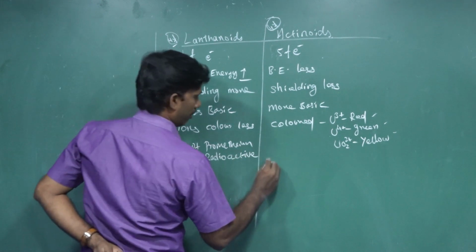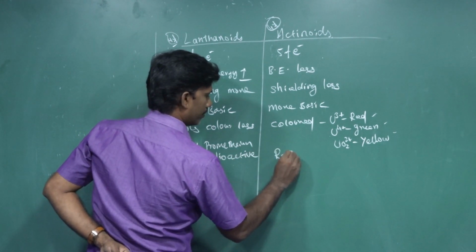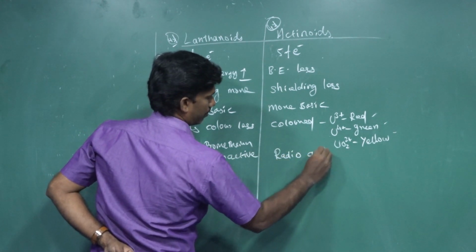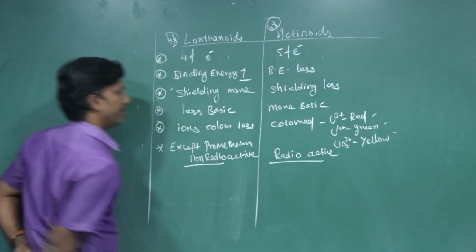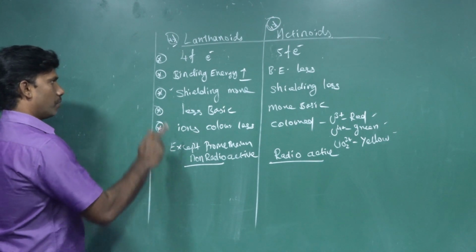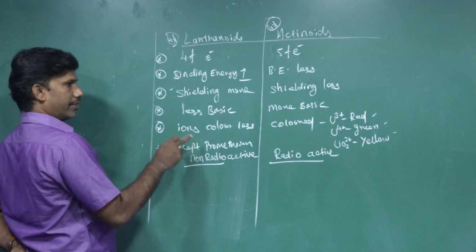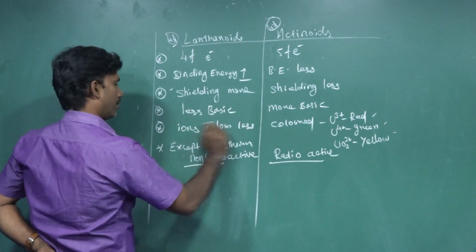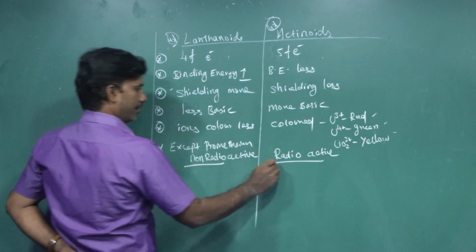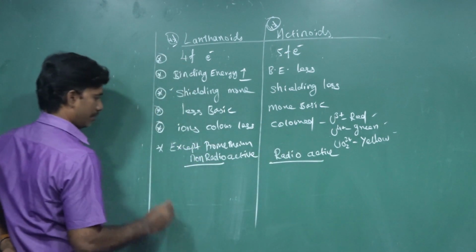All actinides are radioactive. Only in the lanthanides, promethium is man-made, artificial, a radioactive element, whereas other than the non-radioactive ones, in the actinides all of them are radioactive elements.